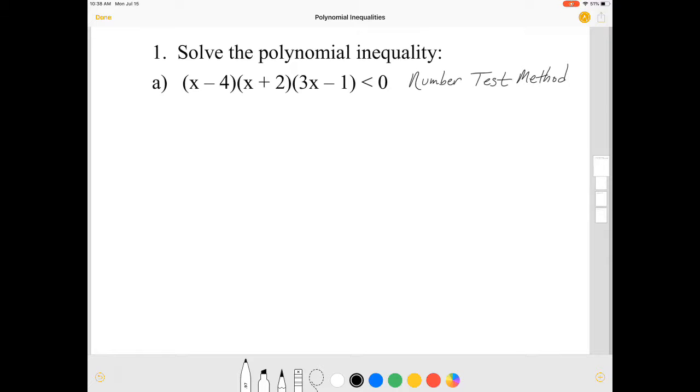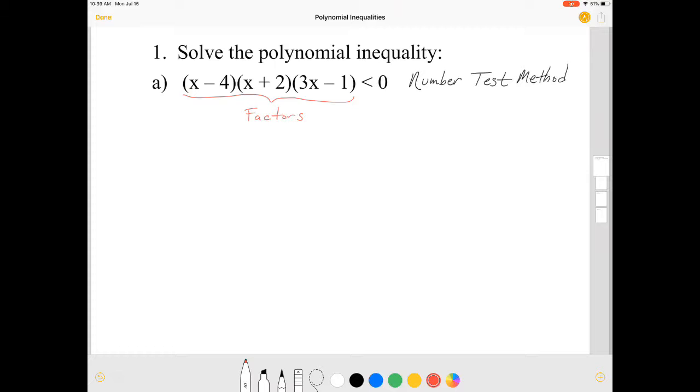So in this problem, because it's already set up and ready to go, I want to explain first how it is set up and why it is ready to go. On the left side, you have this expression here. I hope you notice that the expression is factored already.